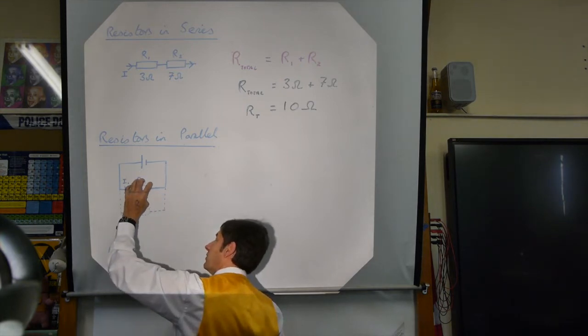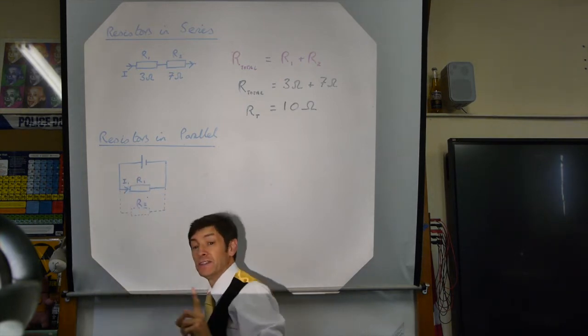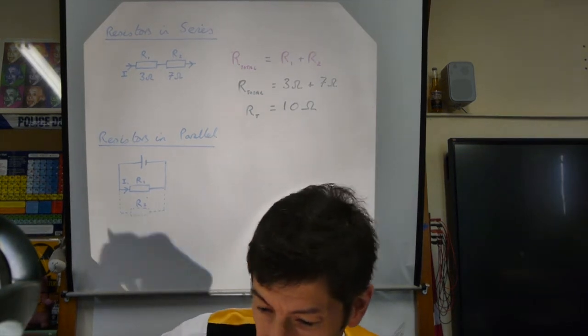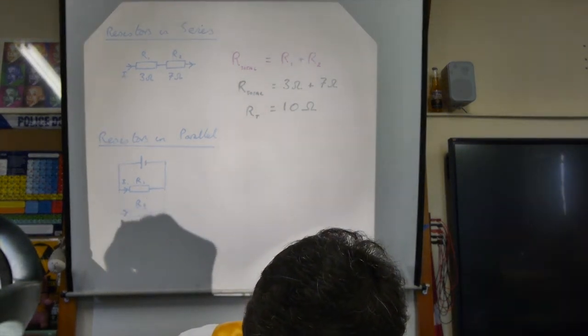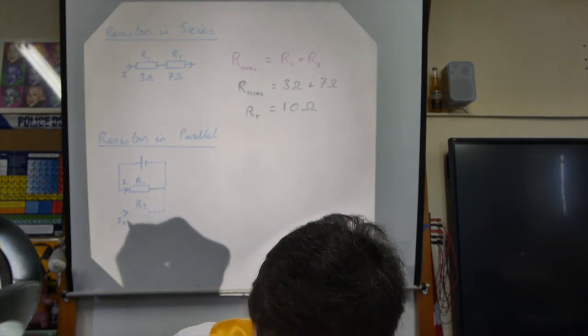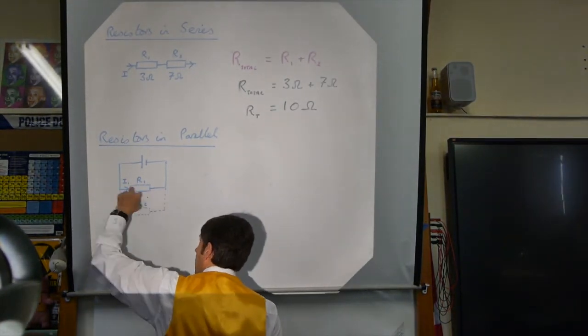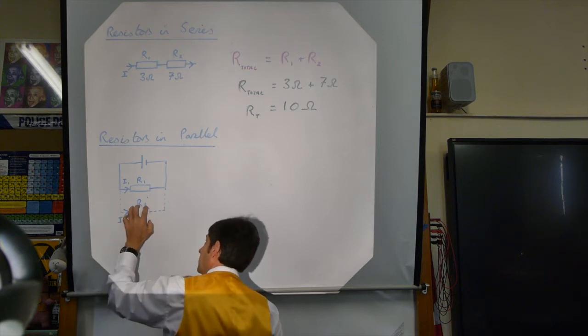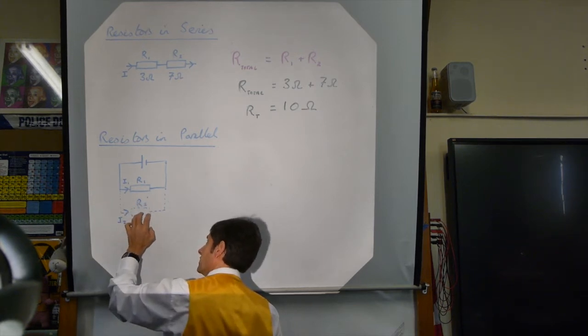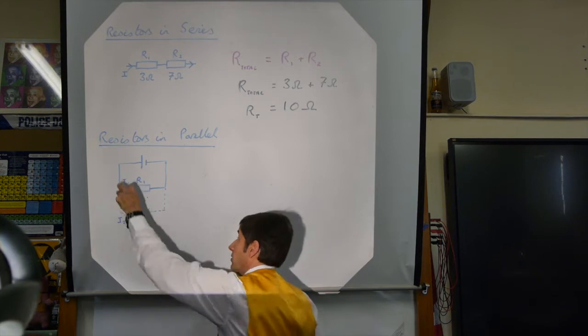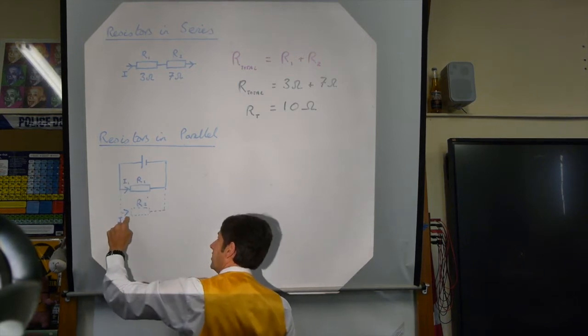So the battery has to provide current for this resistor and R2. So we're going to get some current going this way into this one, I2. Now, if you look at it, we've got the current we had before, plus this extra current to give energy to this resistor. So mathematically, the current coming in will be I1 plus I2.